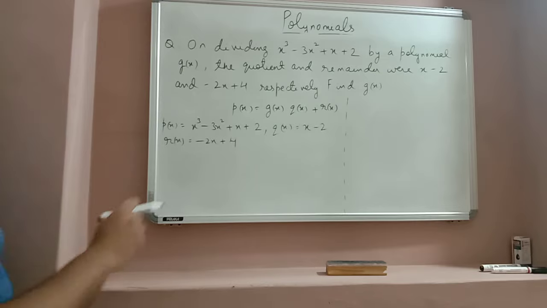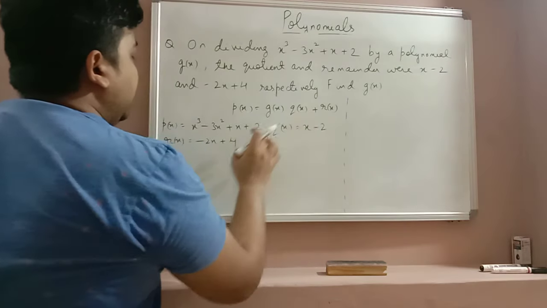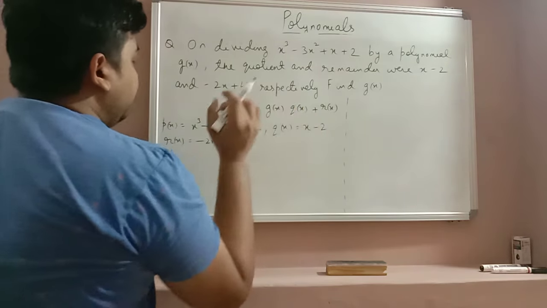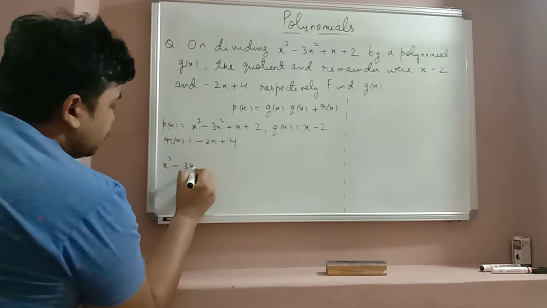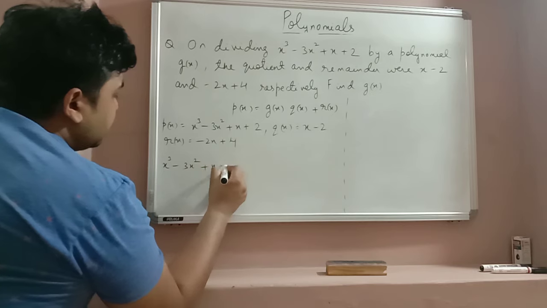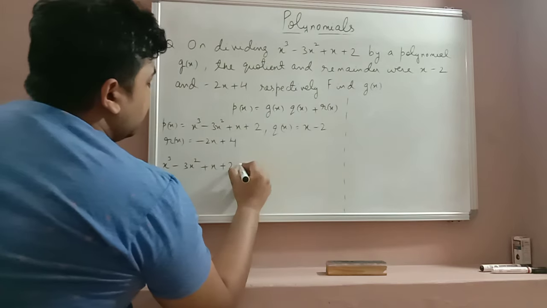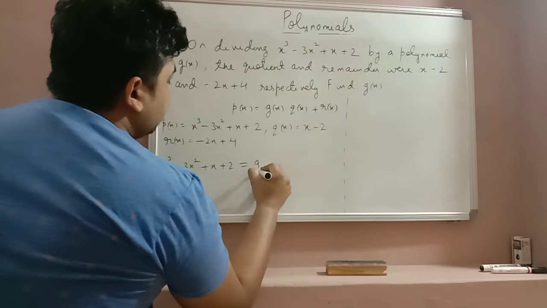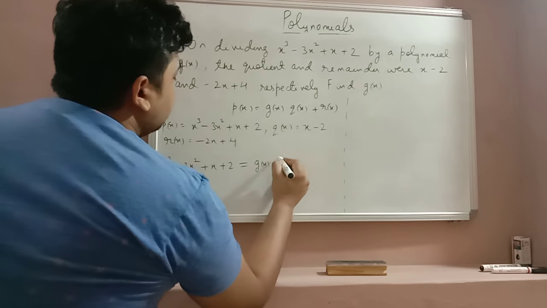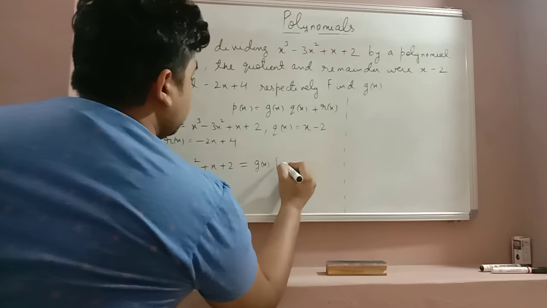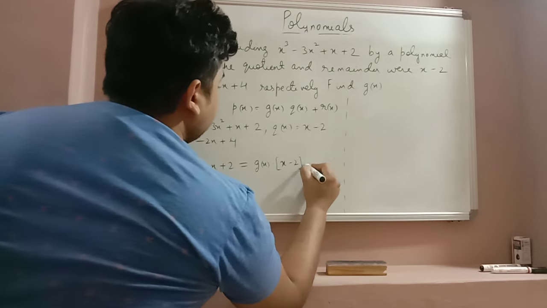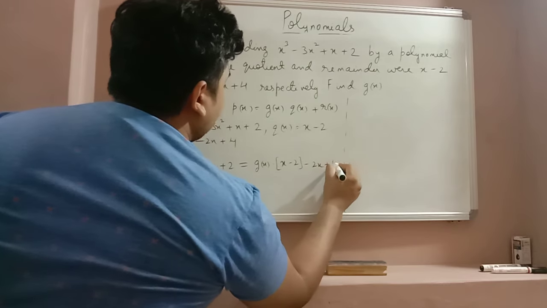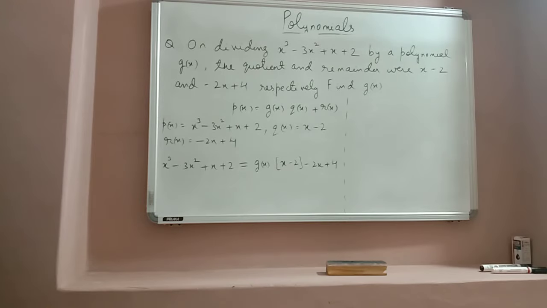Alright, so just we will put this in this formula and try to find the value of g of x. So we get x cube minus 3x square plus x plus 2, that is p of x, equals to g of x times q of x, which is x minus 2, and the remainder is minus 2x plus 4, that is r of x.